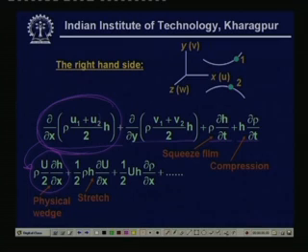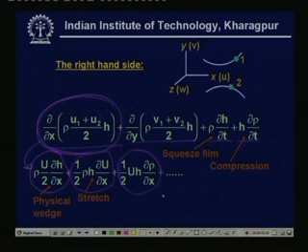This is also called a stretch. This particular term is called stretch, where the velocity is changing with respect to x, and this is another term in this expression which gives how the lubricant density varies in the x direction.